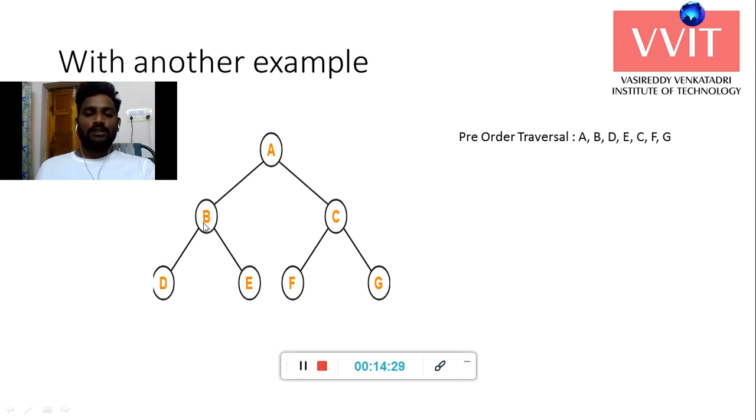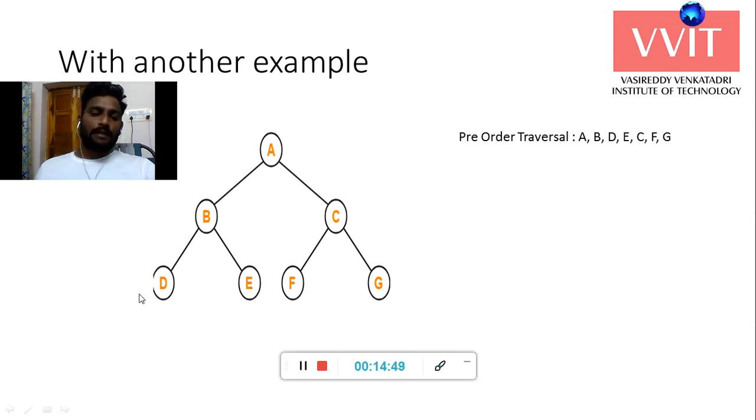First visit the left subtree of the root node B. Then once the left subtree is completed, move to the root node B. Left is completed, root is completed, then move to the right subtree E.